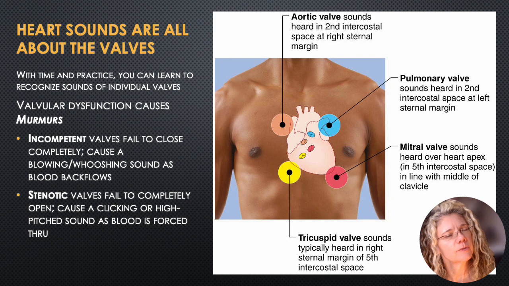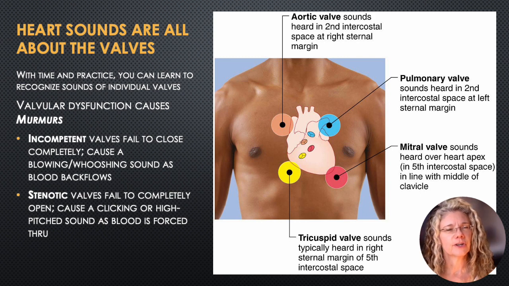All right, so when you're thinking about locating each of the valves of the heart so that you can listen for these funny sounds that we call murmurs, you're going to start on the left side of the heart. And I'm sure if you've ever been to a clinician of any kind, you've had them listen to your heart in a couple different places.